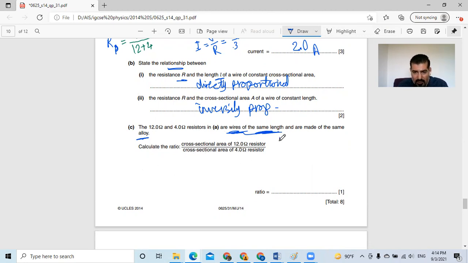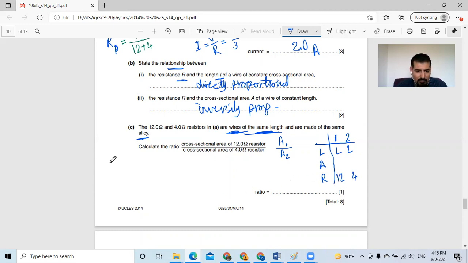So their question is the cross-section area for the first wire over the cross-section area of the second wire. The length is the same, L and L. We need to find the ratio between both areas. What they give us is the resistance: the first one is 12, and the second one is 4.